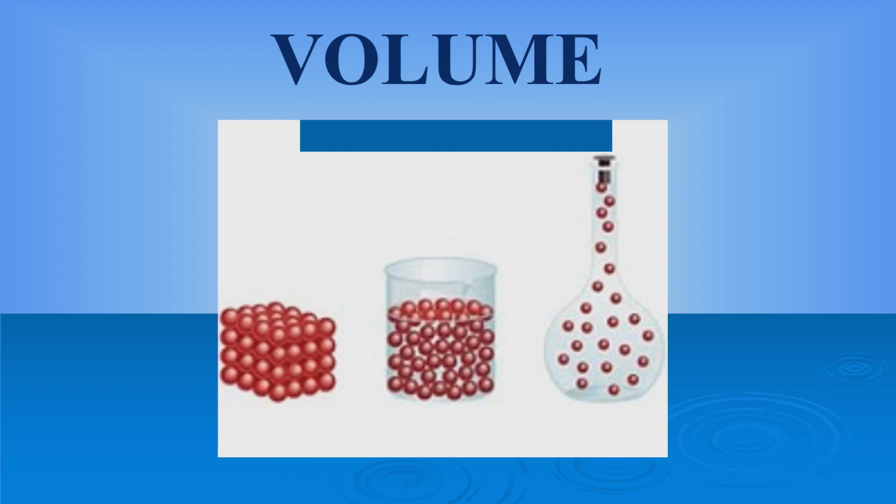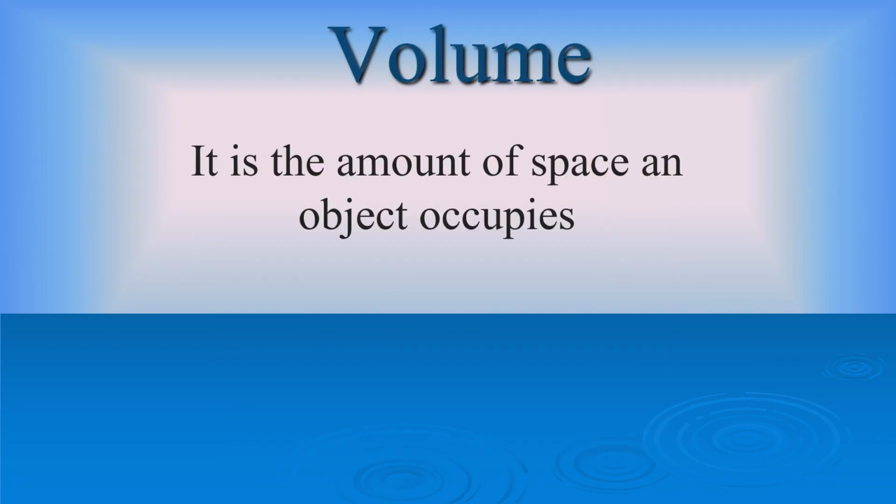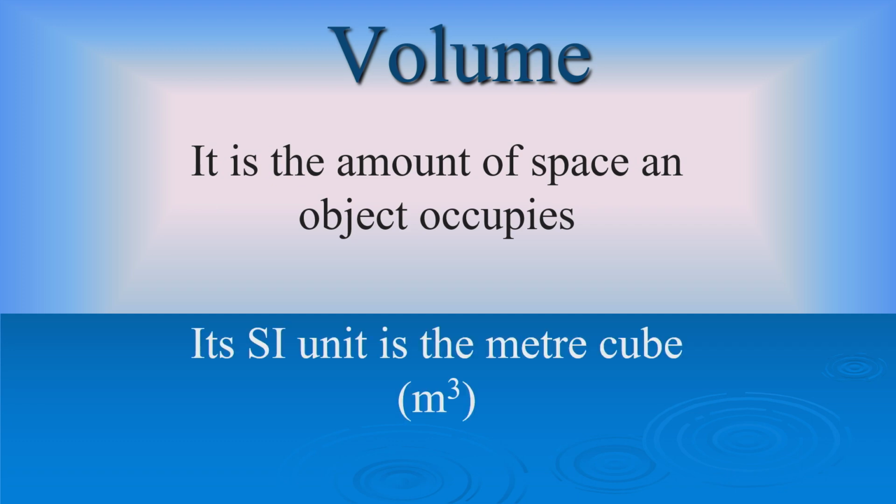Today we are going to have a look at the physical quantity volume. Let's first define volume. We define volume as the amount of space an object occupies, and its SI unit is the meter cube.